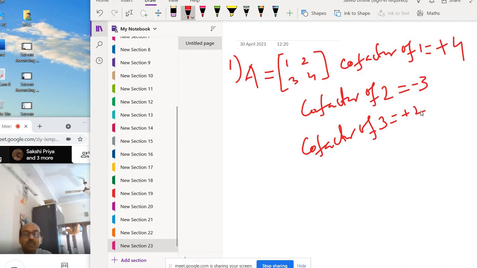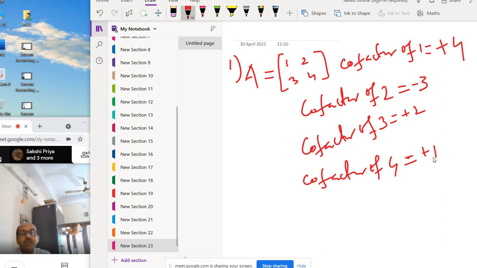Then cofactor of 4, deleting corresponding row and column. Now the first element 1 is left, and the sign is plus minus, then minus plus, so plus 1. So cofactor of 4 is 1.